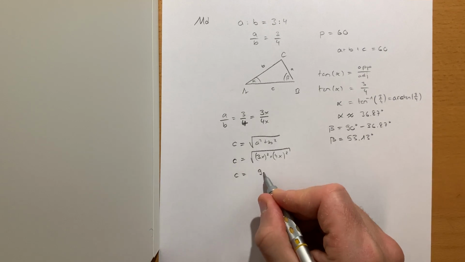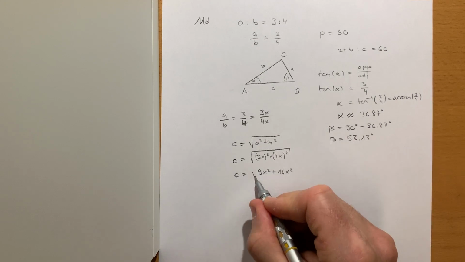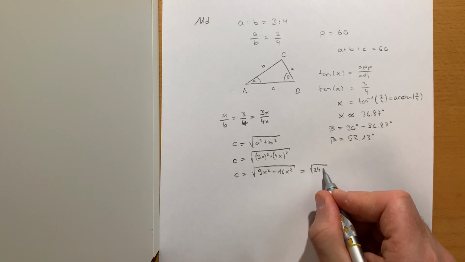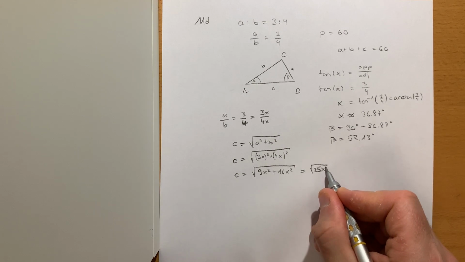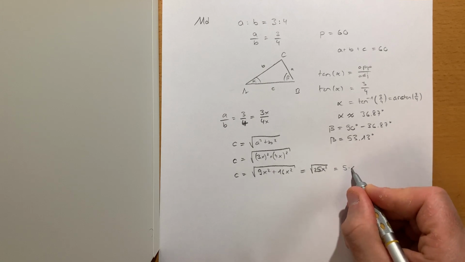So it's 9x squared plus 16x squared and the square root of it. That's the square root of 25x squared, which will lead to 5 times x.